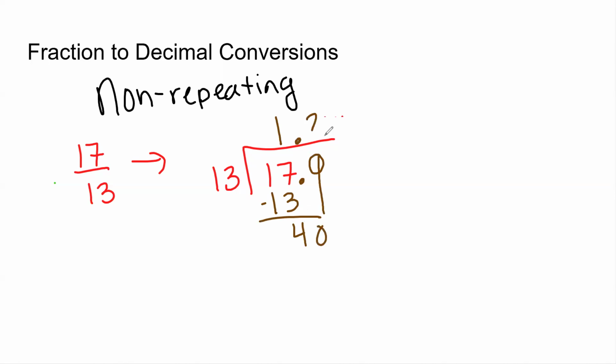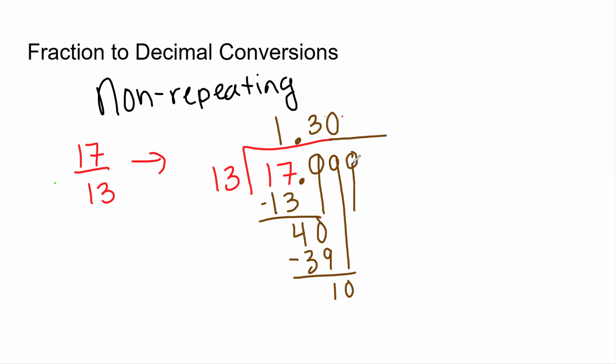13 into 40 goes 3 times, which is 39. Put your 0. Ooh, that doesn't go. Put another 0. So 13 does not go into 10. So I put a 0 at the top because it does not go in, and then put another 0 to make that 100. Now 13 goes into 100 7 times. 13 times 7 is 91.